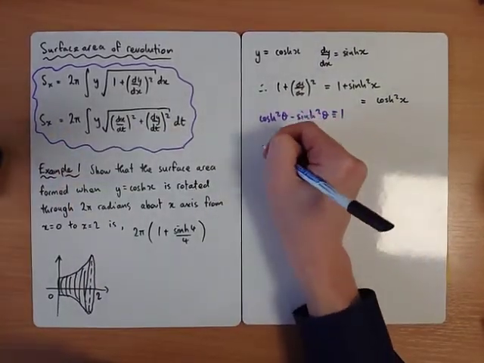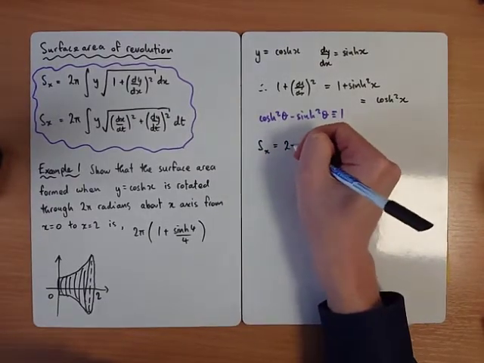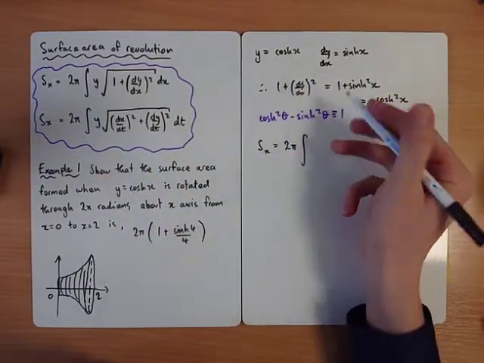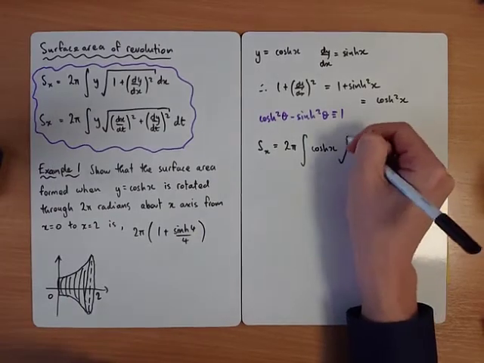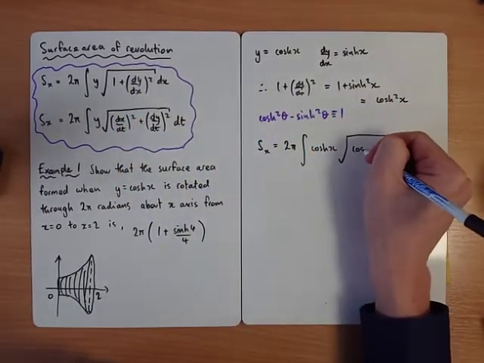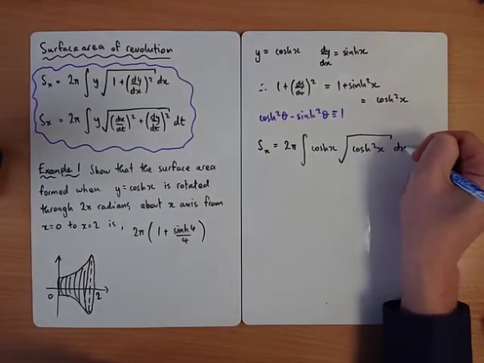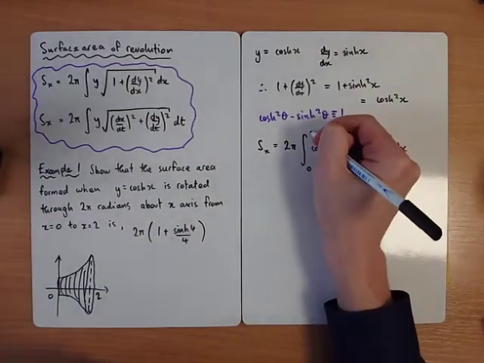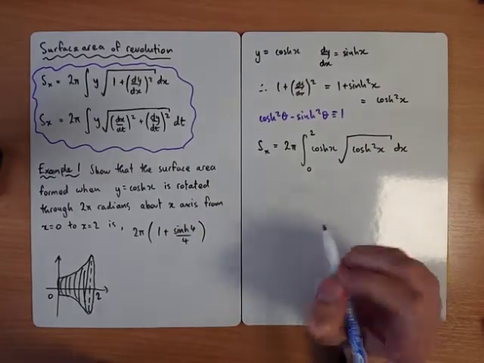Let's set up our integral. The surface area about the x-axis is 2 pi times the integral of y, which is cosh x, times the square root of 1 plus dy by dx squared, which is cosh squared. We're going from 0 to 2, x values, because this is a Cartesian integral with respect to x.